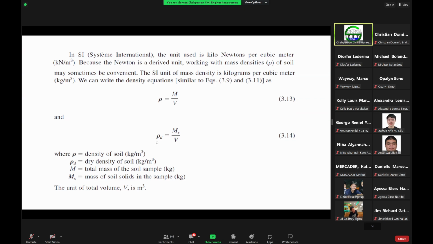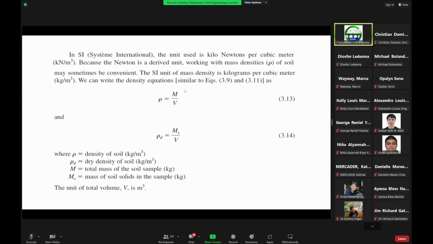Now, for the dry density, that is symbolized by rho sub d. This is dry density in kilograms per cubic meter, and that is equal to the mass of the soil solids in the sample divided by the total volume, where the total volume is in cubic meters, and m is also the total mass.